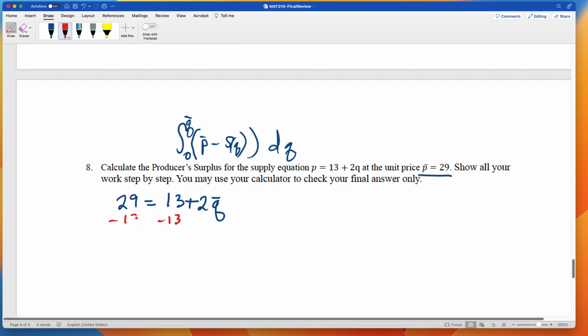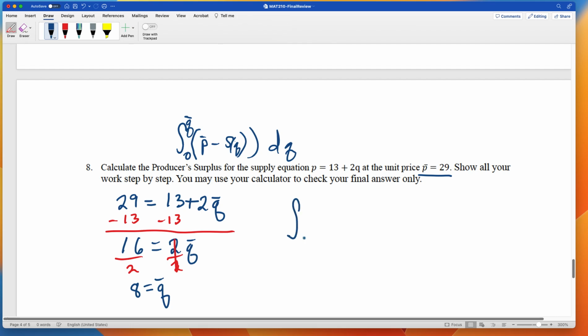We subtract 13 from both sides. We get 16, and this gives us 2 Q bar. Divide both sides by 2, and we get that Q bar is equal to 8.